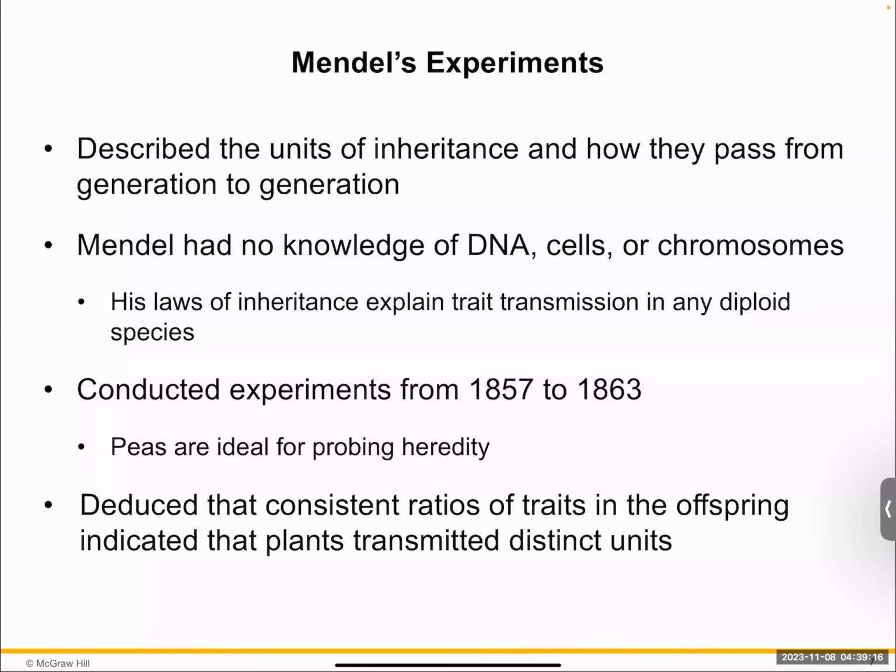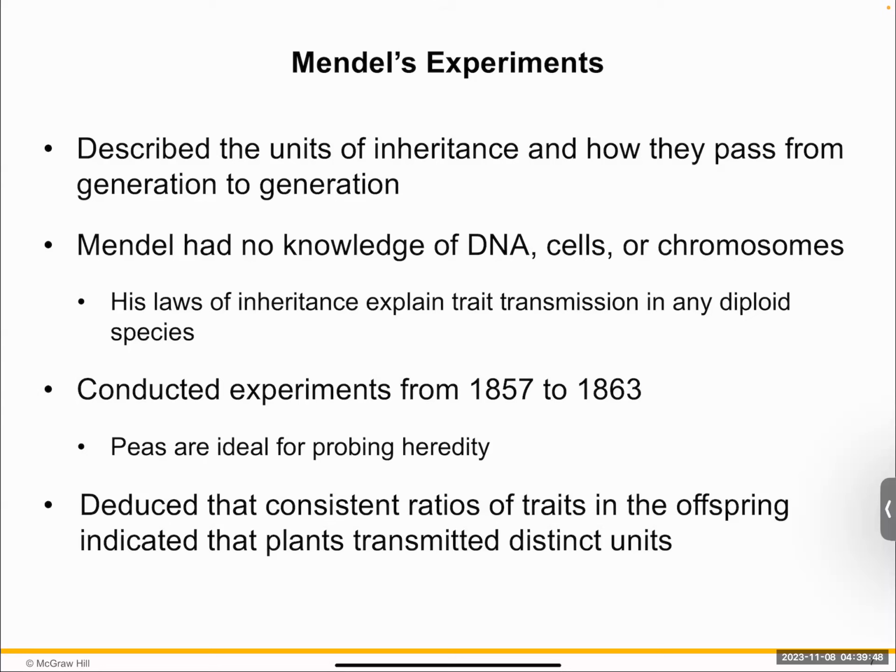Now, as we talk about Mendel's experiment, I'm going to bring up the three main laws that Mendel discovered based on his understanding of his research and his experiments. One of the really cool things is that Mendel was doing his experiments a long time ago, in the mid 19th century, 1857 to 1863, and there was no concept of DNA.